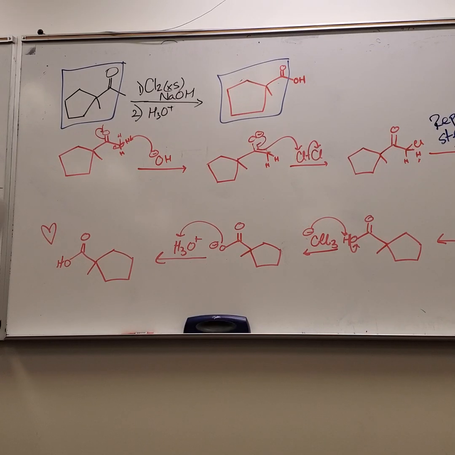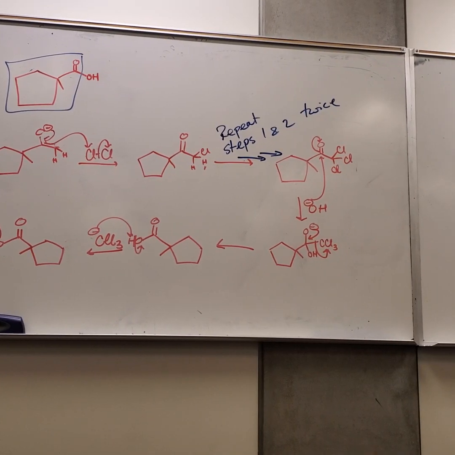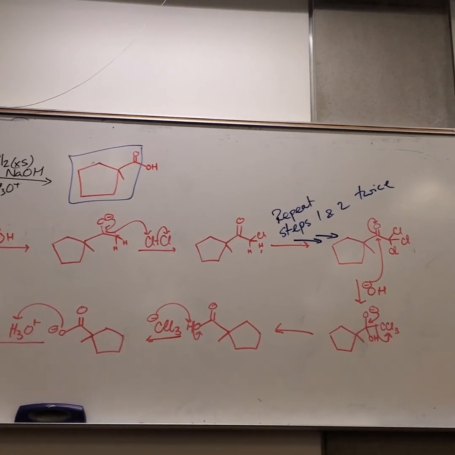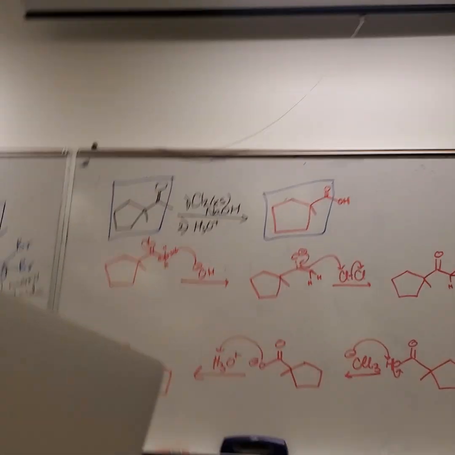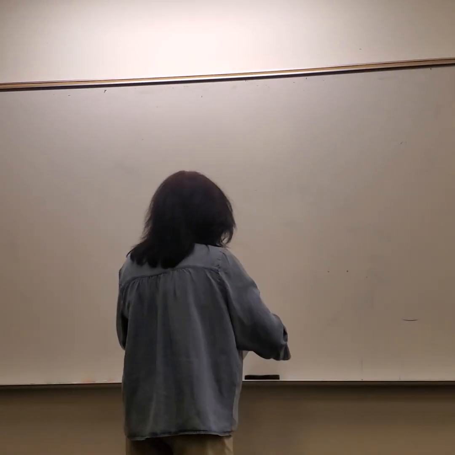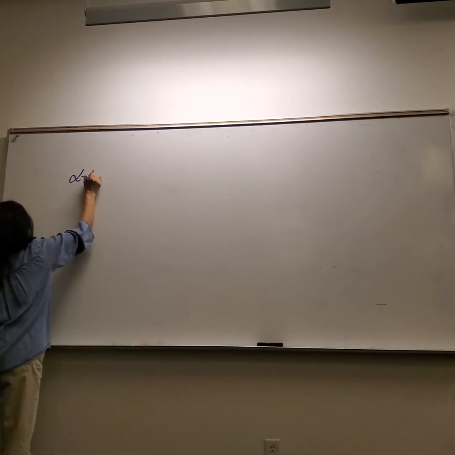Okay, the next reaction, we will not be looking at the mechanism for this one. It's more of a mention and, yep, this happens too kind of situation. It is also an alpha halogenation reaction, which means we're putting a halogen on the alpha position, but it is for a carboxylic acid.